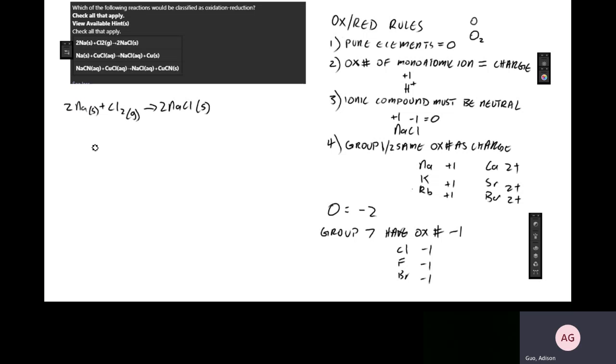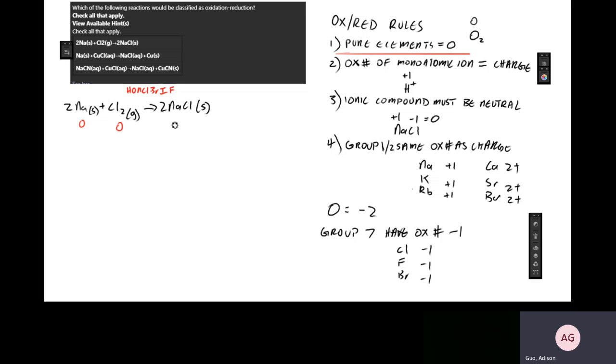That's going to be a pure element, which means that it has an oxidation state of 0. Chlorine gas is a diatomic. So all of these elements, whenever you have them in their pure state, they come in pairs. So it's Cl2. So this is a pure element. You have a 0.